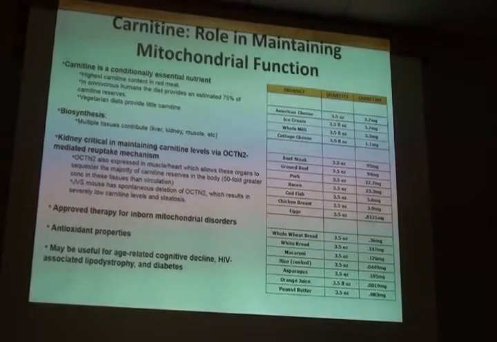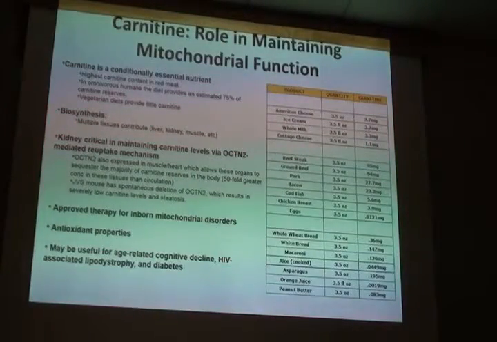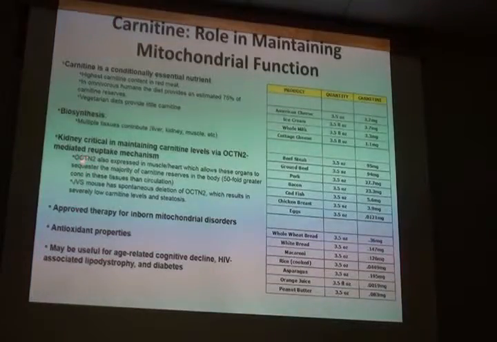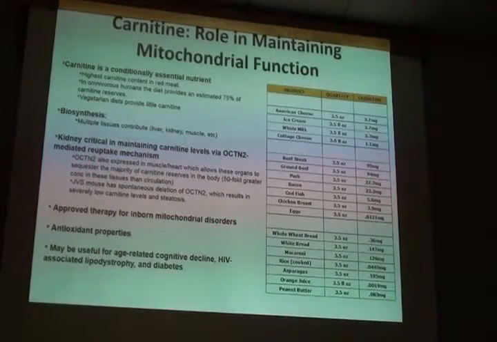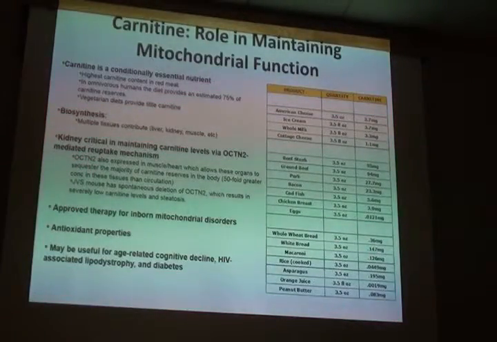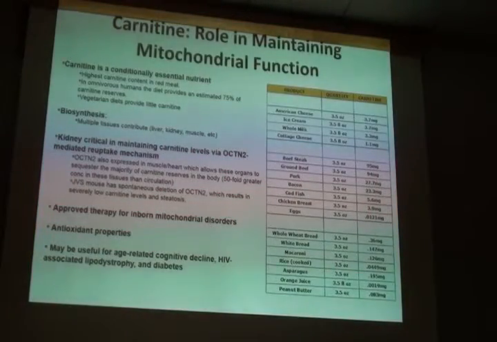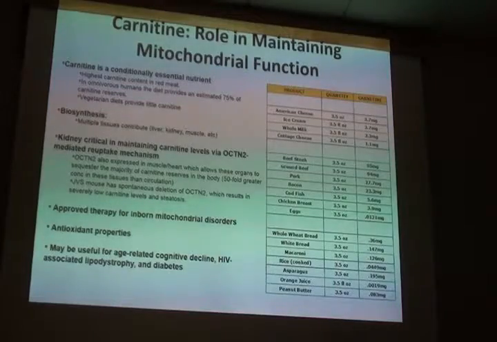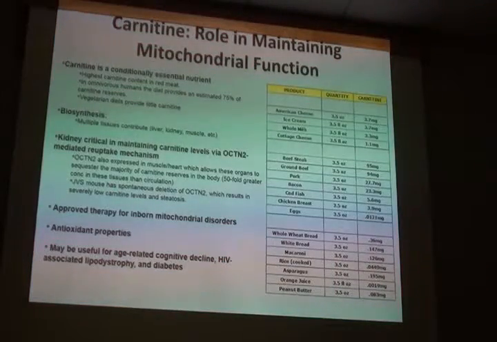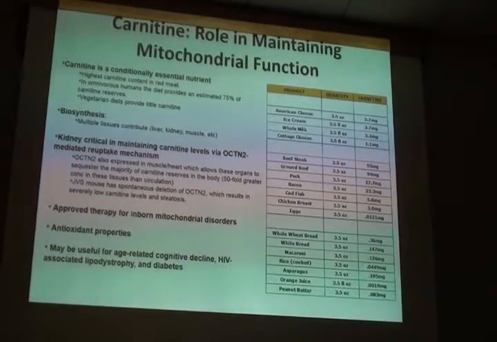But in terms of maintaining carnitine status in the body, there's OCTN2, which is an organic cation transporter with high specificity for carnitine. Within the kidney, it is responsible for reabsorbing most of the carnitine to make sure that we don't lose it.